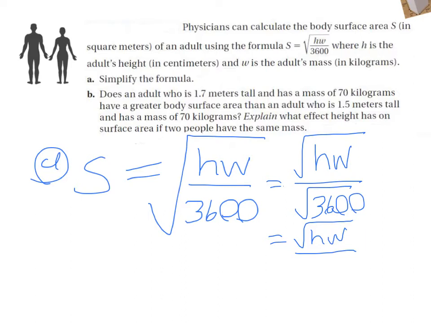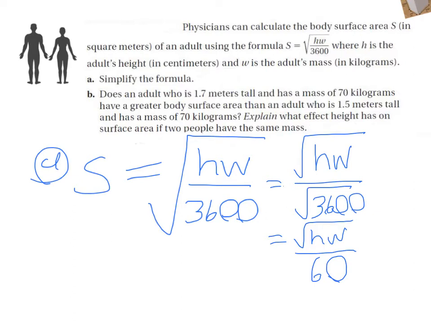But the square root of 3600, well, the nice thing is, if we know the square root of 36, which we do, is 6, we can find the square root of 3600 very easily. You just simply take off the zeros, which we know is 36, and then we know the square root is 6, which means the square root of 3600 is 6 plus only one zero, which is 60. In other words, 60 times 60 is equal to 3600.